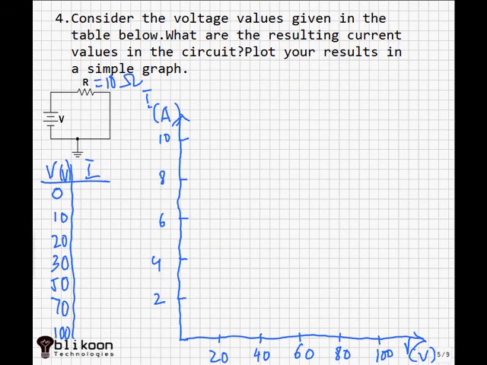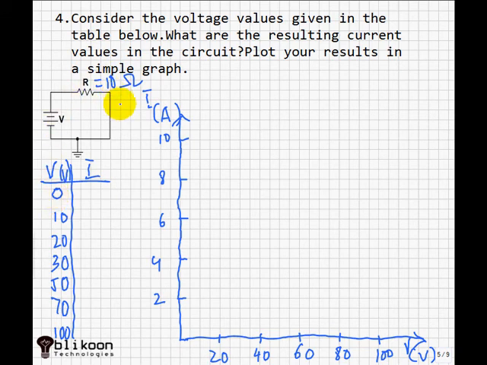Consider the voltage values given in the table below. What are the resulting current values in the circuit? We have to plot our results in a simple graph. We apply Ohm's law on each of these values. I equals voltage divided by resistance. So here, voltage equals 0.